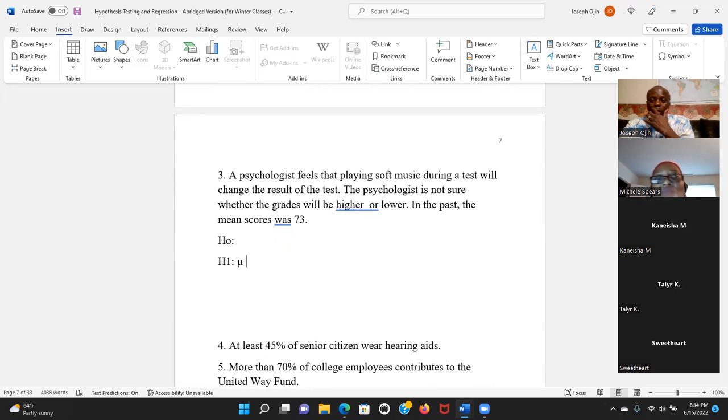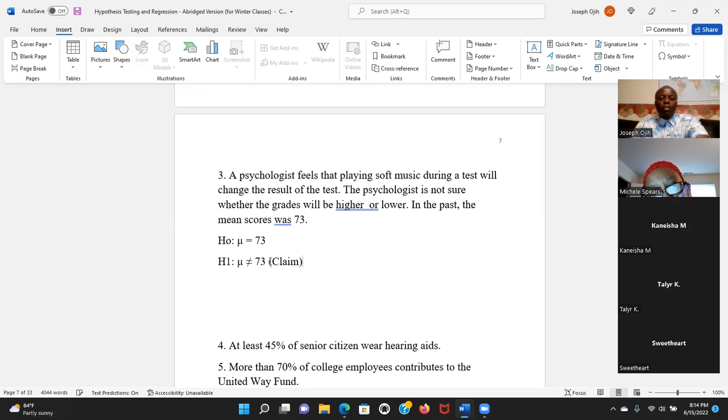So we can only use this symbol, the symbol for will change, which means not equal to. It can decrease or it can increase. 73. The opposite is that the mean is equal to 73. So this says will change. Will change is right here. That's where the claim is.